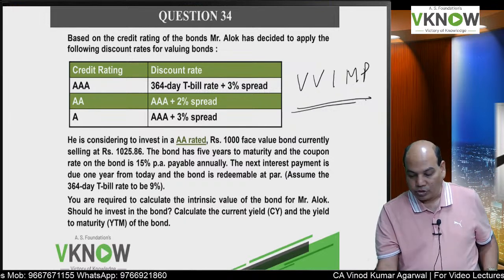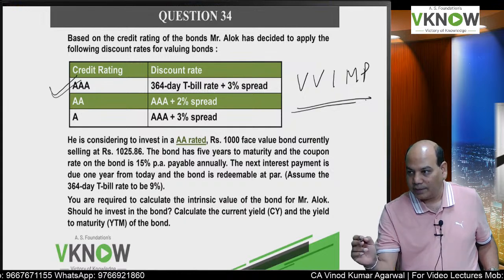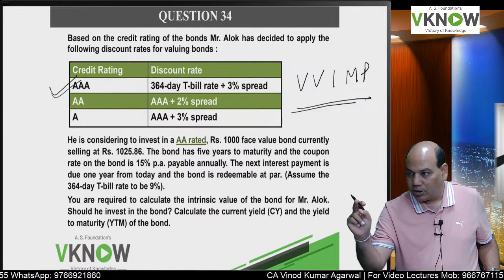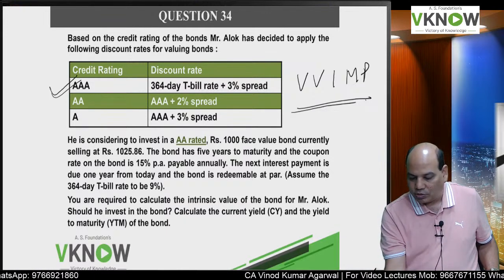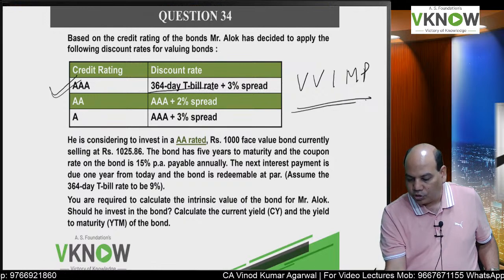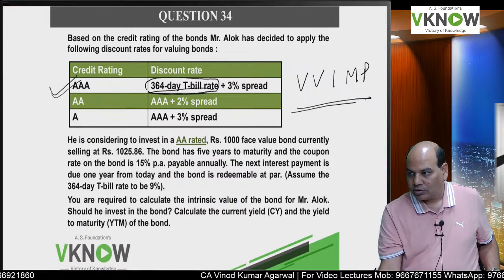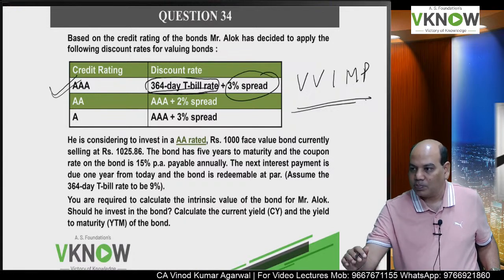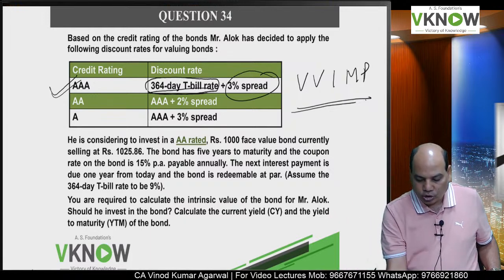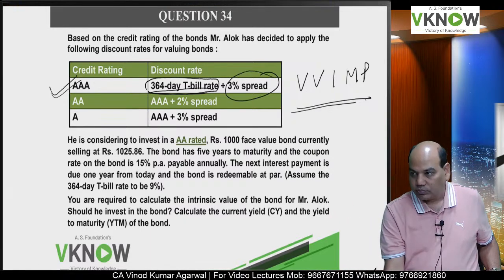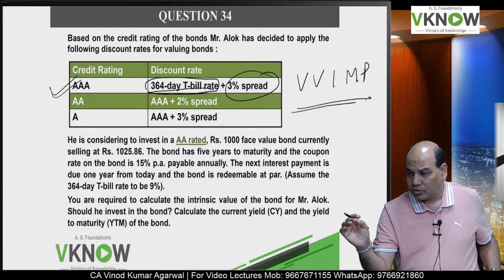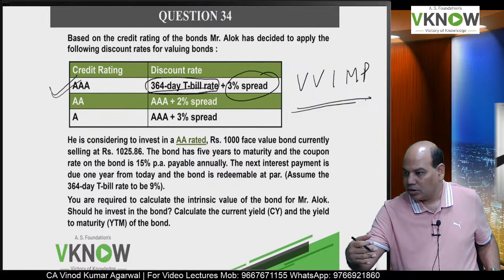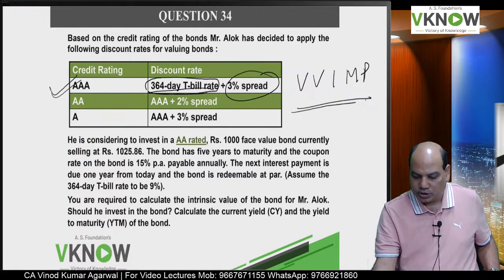If the credit rating is AAA, meaning highest safety, he will apply a discount rate equal to the 364-day treasury bill rate, which means government security, plus 3% spread, because a government bond has the lowest interest. But if you buy a company's bond, there is slightly more risk than the government, and therefore he applies 3% more.